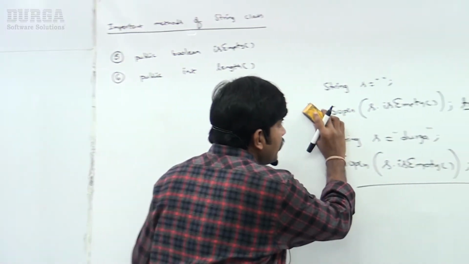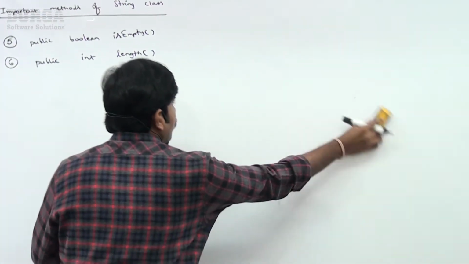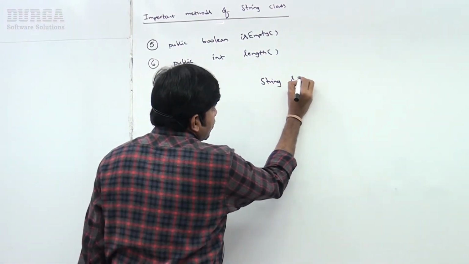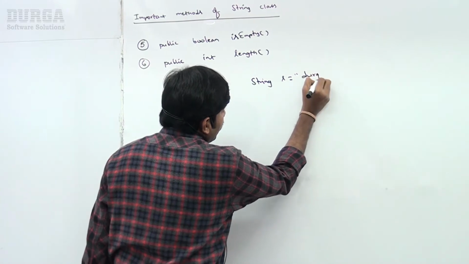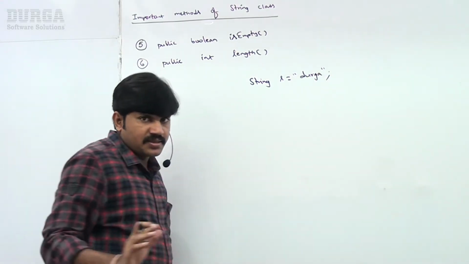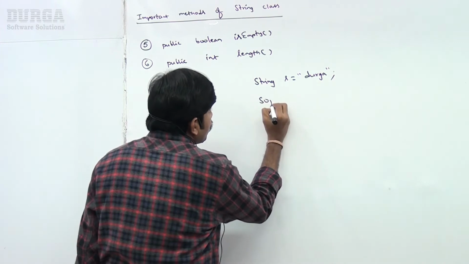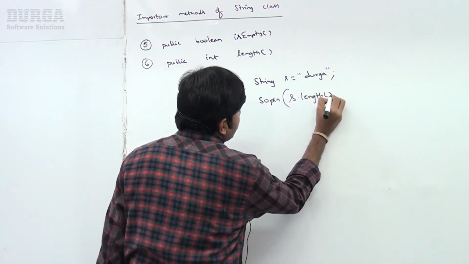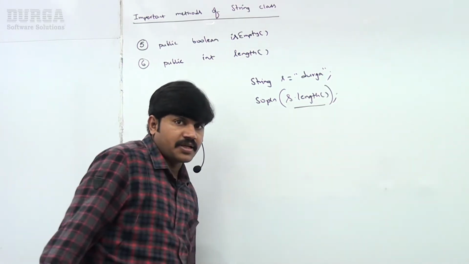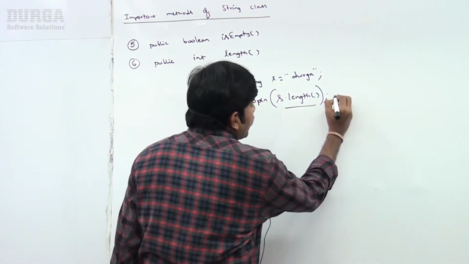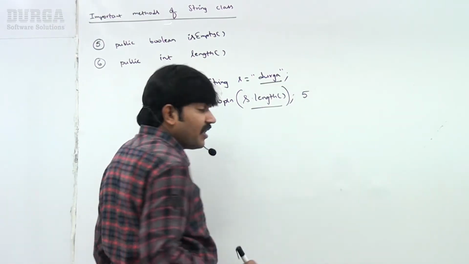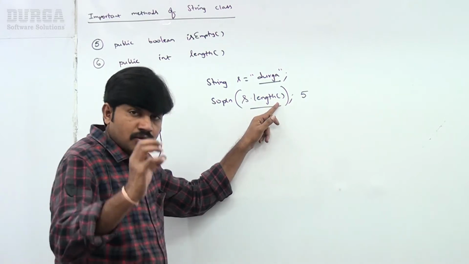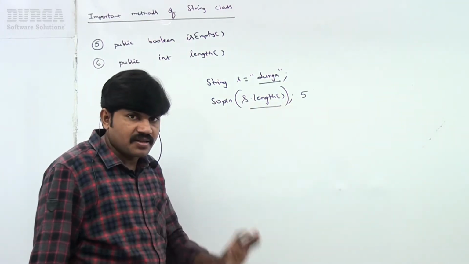Just observe, I am taking String s is equal to Durga. System.out.println(s.length()). What is the output we are going to get, sir? 5, because there are 5 characters. So we can use the length method to find the number of characters present in the given string.